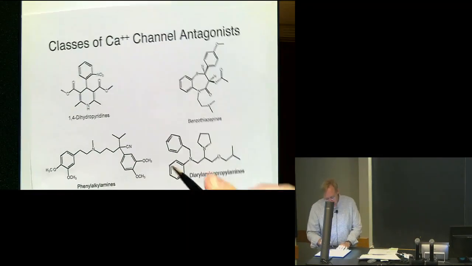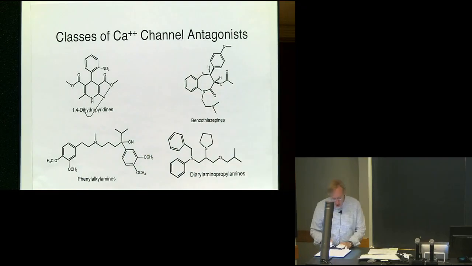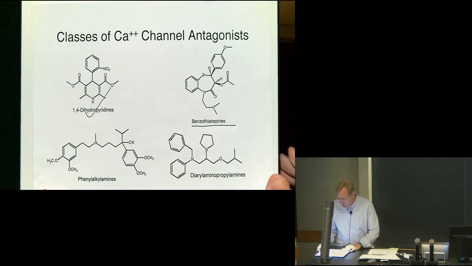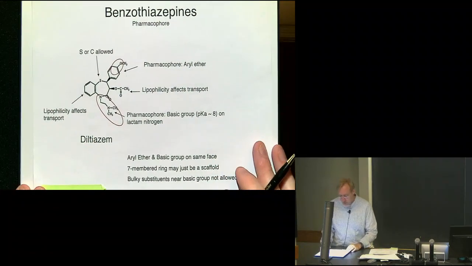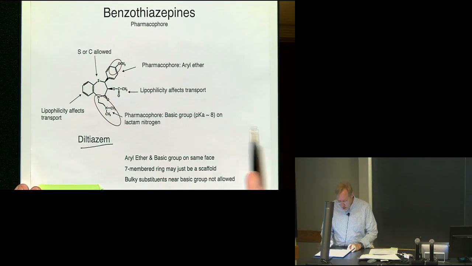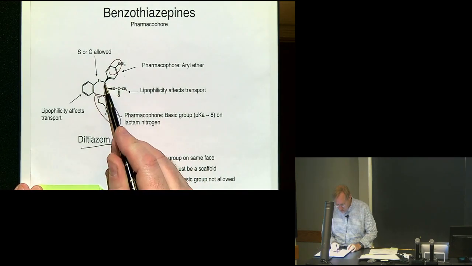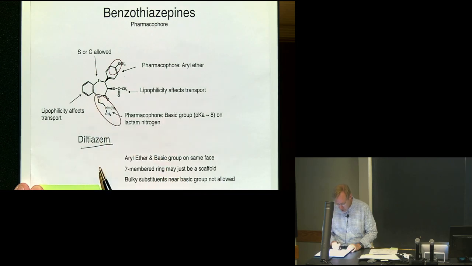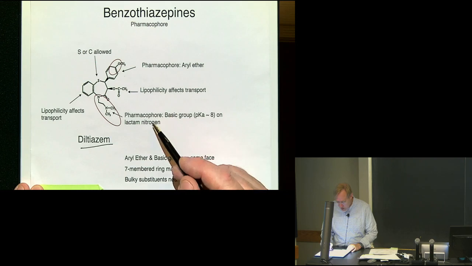Okay, so that's the dihydropyridines. Let's go next to the benzothiazepines. This will just look at one briefly, and that's diltiazem. It has this interesting 7-membered ring, which is kind of unusual. Here's what's known about the pharmacophore.